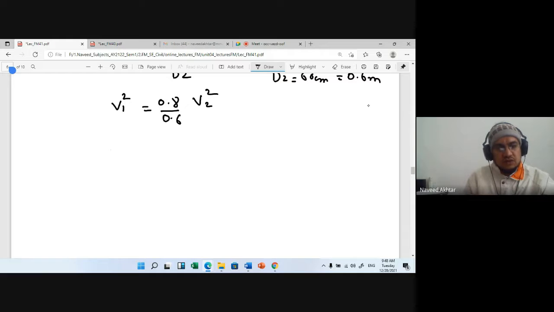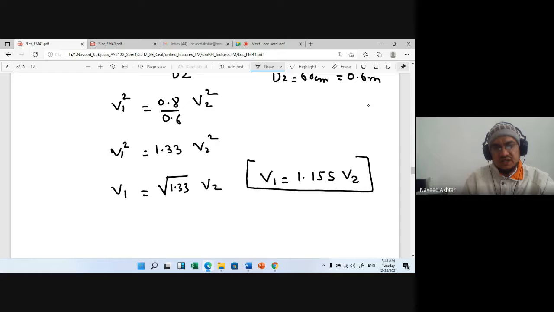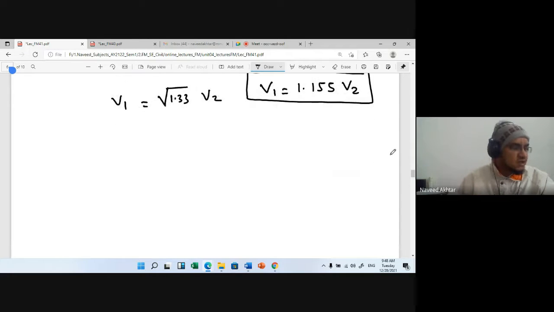So V1 square is equal to 1.33 V2 square. V1 is equal to under root of 1.33 times V2, so V1 is root 1.155 V2. This will be the relation between velocity 1 and velocity 2 due to the pipe diameter difference. I will call this equation number 2.